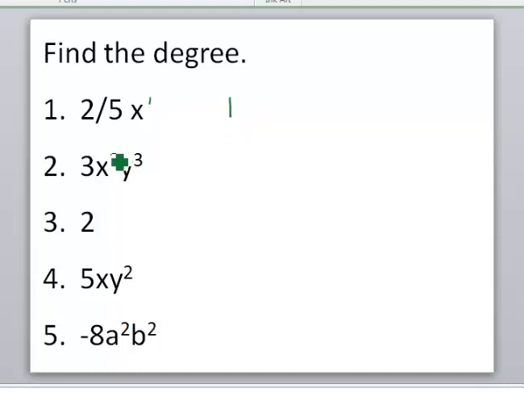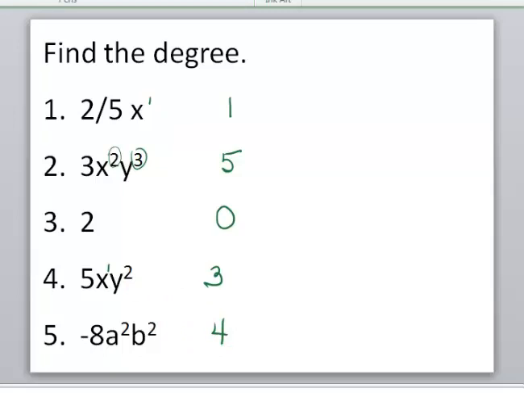This has exponents 2 and 3, so the degree is 2 plus 3, which is 5. This does not have a variable, so the degree of it is 0. This has a degree of 1 plus 2, which is 3. And this last one has a degree of 2 plus 2, which is 4.